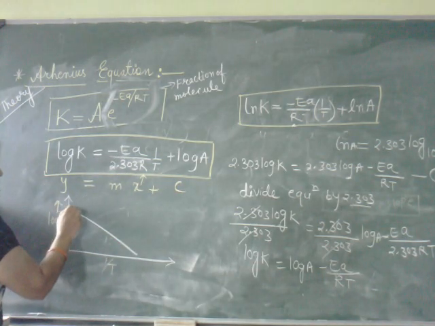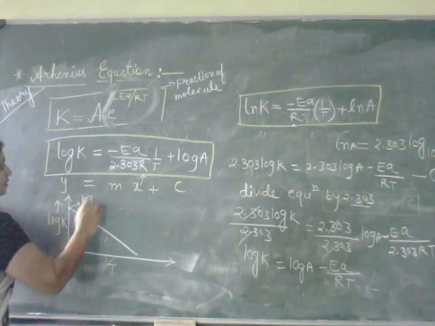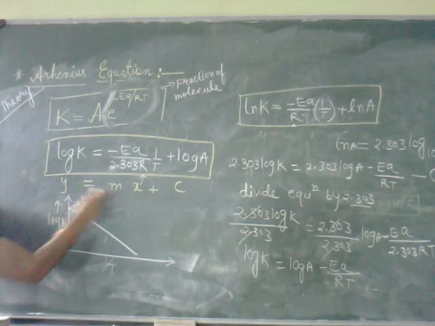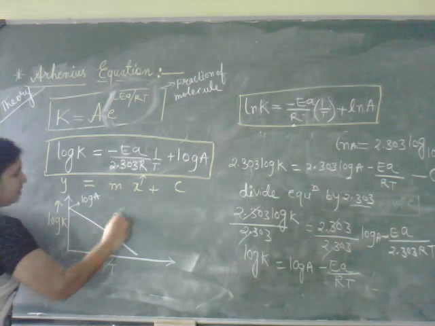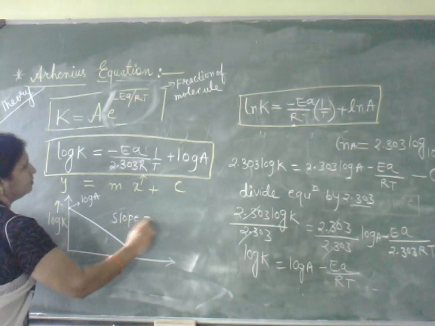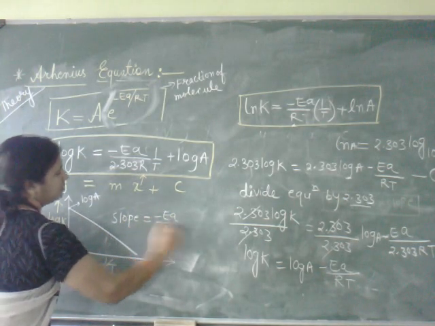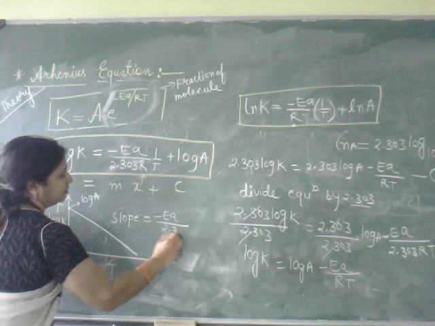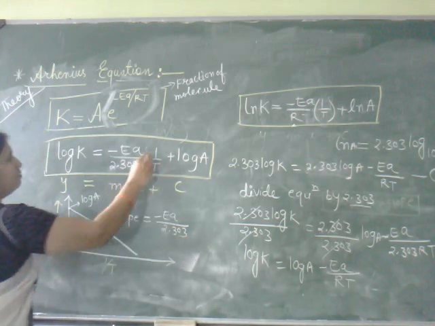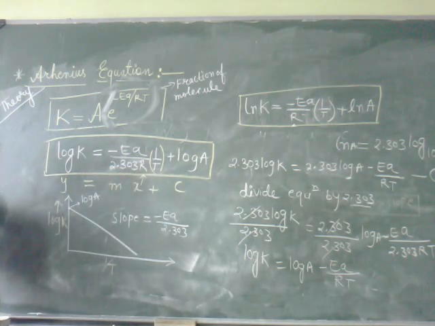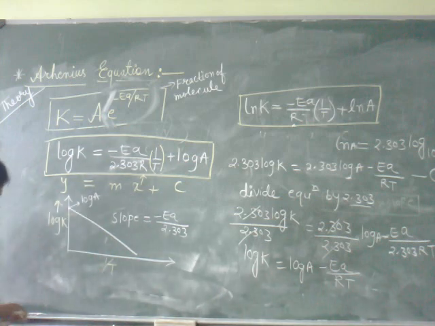This is log A, the intercept is log A, and the slope is equal to minus EA by 2.303 R. This 1 by T is on the x-axis.